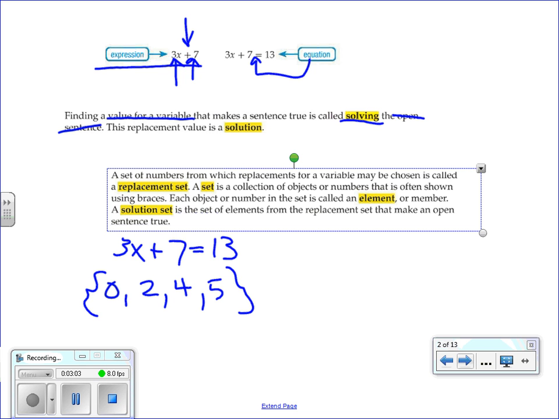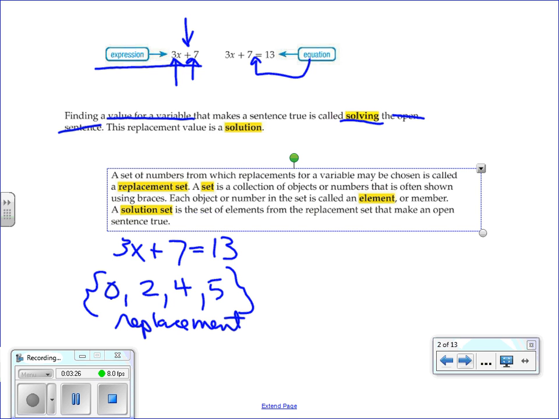This is our replacement set. These are numbers that can replace the variable. We could try 0, 2, 4, and 5. We're going to use all of those numbers to see which one can replace the variable to make the sentence true.